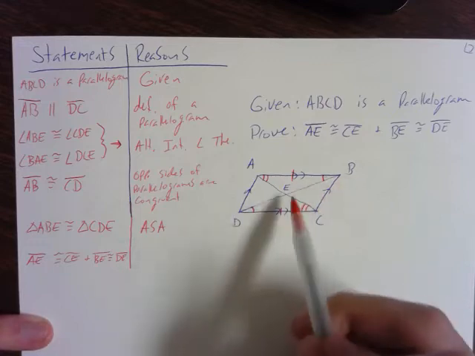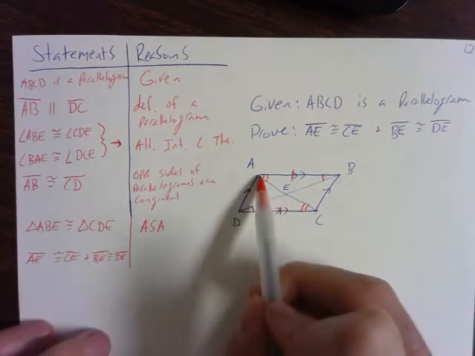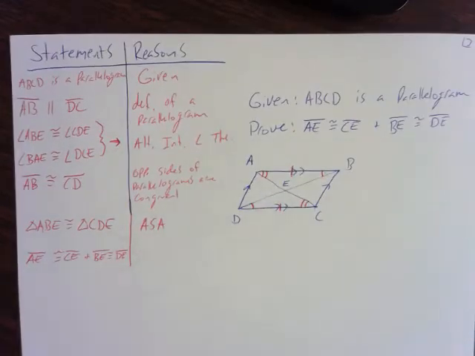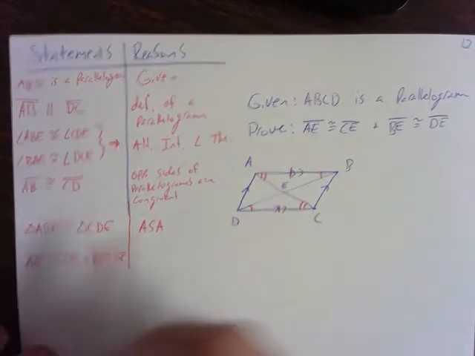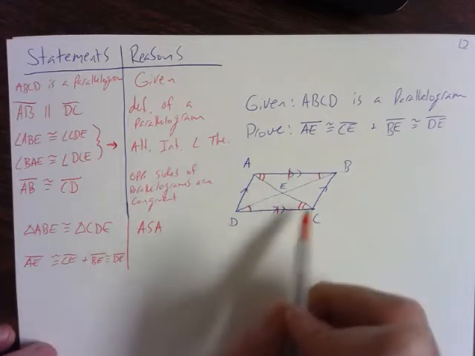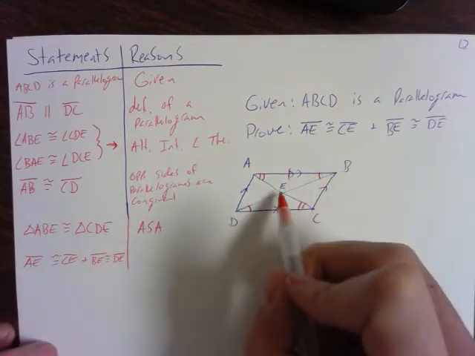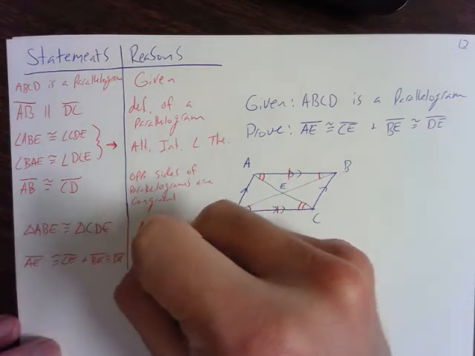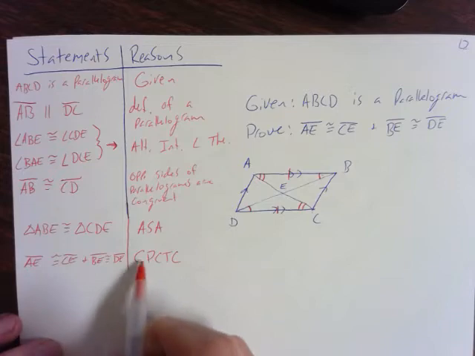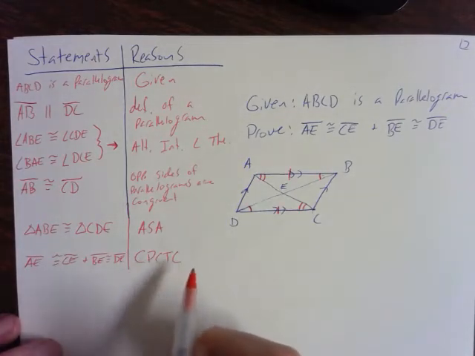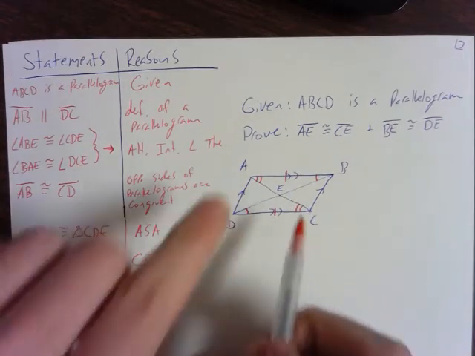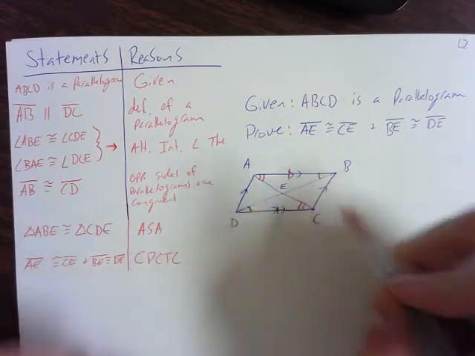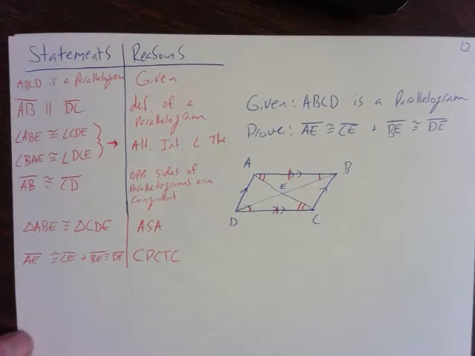If you cut this triangle out and lay it on top of the other, they're going to be exactly the same. So I can say that AE is congruent to CE, and BE is congruent to DE through CPCTC, or congruent parts of congruent triangles are congruent. These are the exact same spots on the respective triangles, so they are congruent.